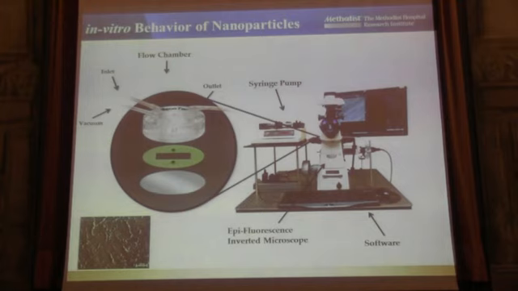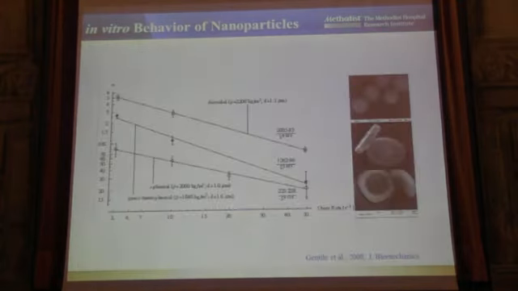And of course, you can use a flow chamber system to demonstrate that this is the case. We injected in that flow chamber 3 different particles, quasi-hemispherical, thin discoidal, and spherical, and the discoidal were actually sticking to the bottom of the chamber more than the spherical and the quasi-hemispherical.